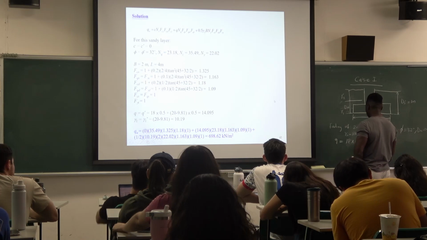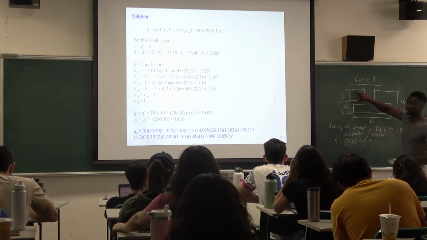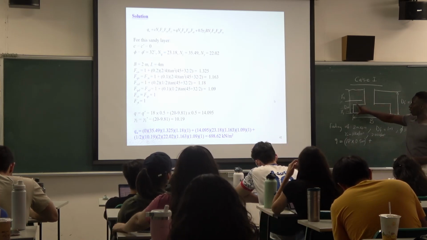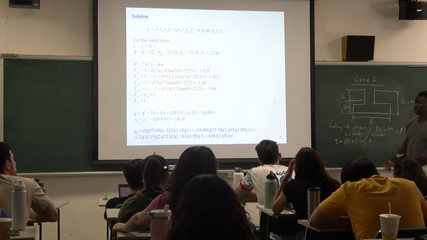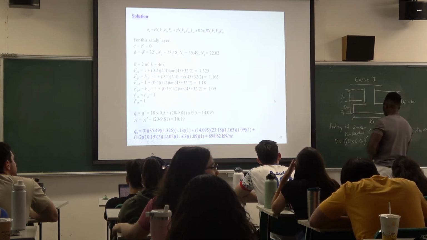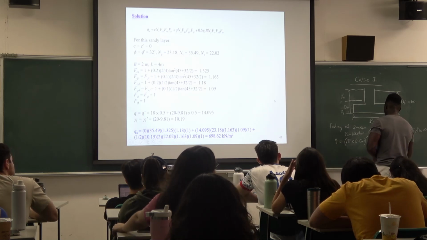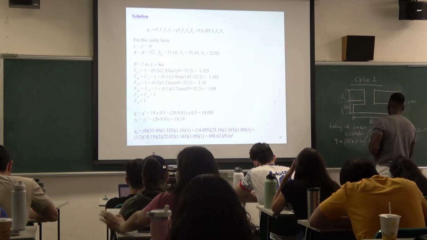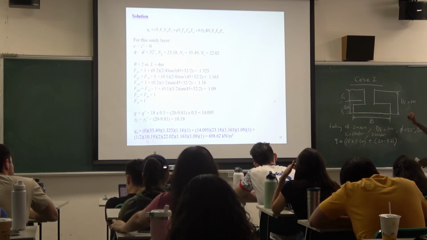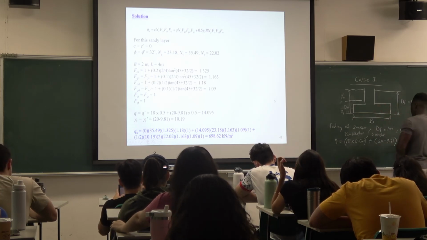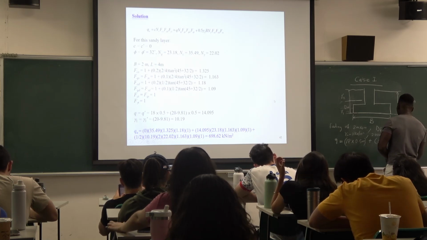That means we already know the stress from here to here. Now we have to find the stress from here to here, and that will give us the stress at this point. How do we determine that? We use the effective stress, right? We say 20 minus 9.81, and then you multiply that by the depth here, which is also 0.5.